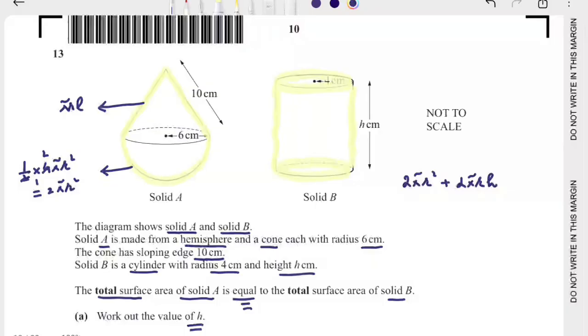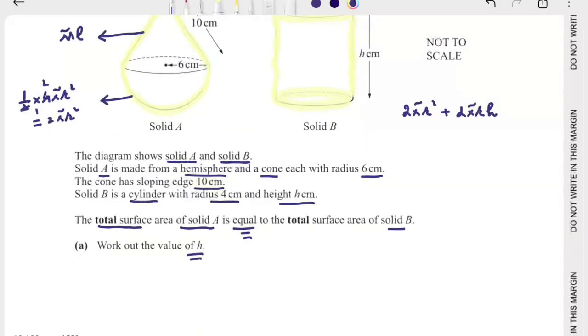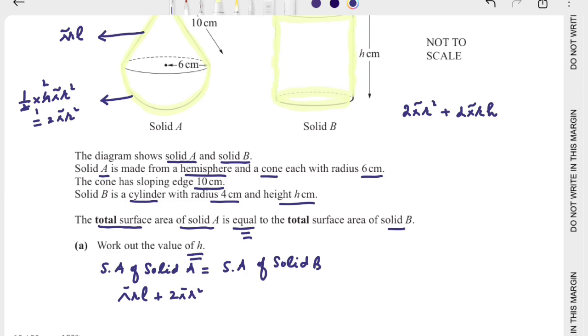Now we'll make a statement that surface area of solid A is equal to surface area of solid B. So it will be pi RL plus 2 pi r square, as we have shown marking above.